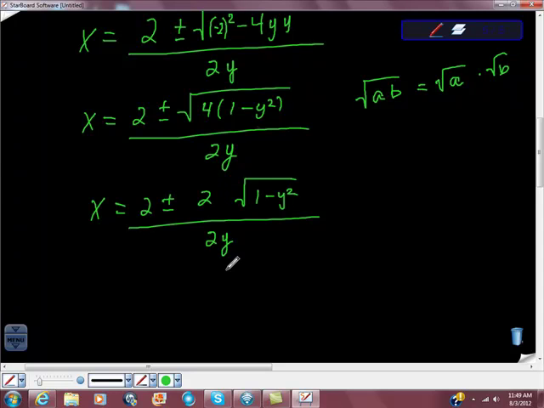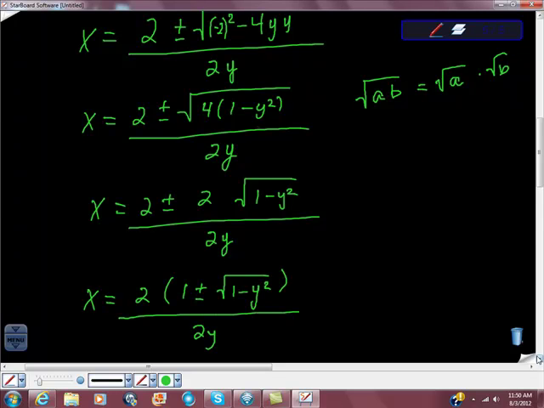Now, hopefully you can see what I'm doing here. I'm going to factor out a 2, because there's a 2 here and a 2 here. So I'm going to say x is equal to 2 times 1 plus or minus 1 times the square root of 1 minus y squared, all over 2y. Why did I do that? Can you see it?